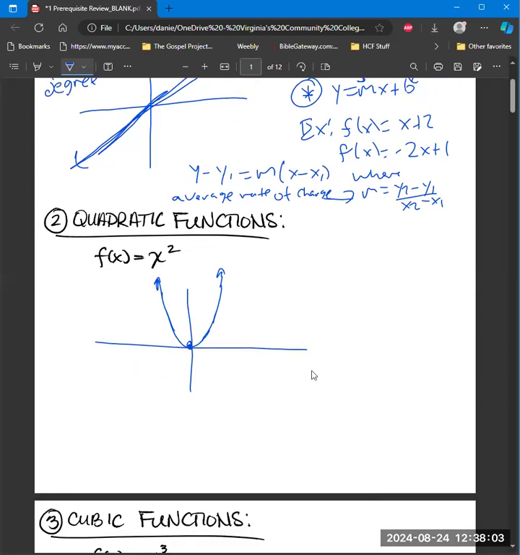So it's going to be in the form of y equals ax squared plus bx plus c, or it could also be in the form of y equals a times x minus h squared plus k. It's going to have a vertex, like I said, at h, k, and a is going to be how much we are stretching this out. We can get from this form to this form by completing the square.